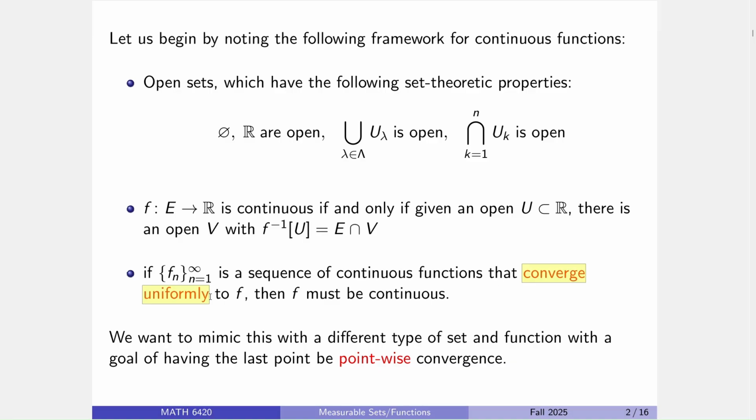Continuity, while not the only thing that is integrable, is a good starting point for a lot of analysis. Here we need full-on uniform convergence to keep things working, so our goal is to set up sets and functions that behave nicely with a hopeful sticking point of pointwise convergence, so we can hopefully fix the Riemann integral.